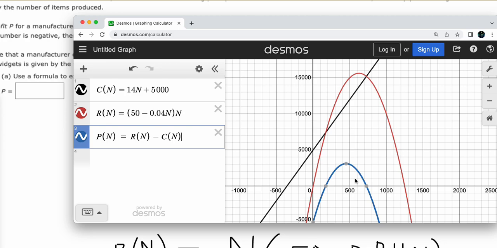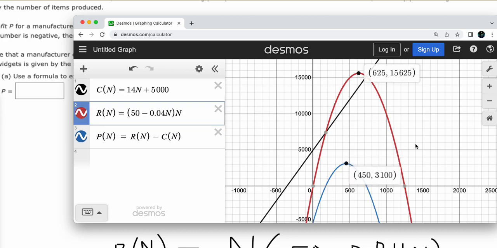That little blue here actually represents their profit. That's what the company's most interested in maximizing. As you can see, the place where they maximize their profit is not the same as the place where they maximize their revenue. And so this is the one they're most interested in. Apparently, it's at 450 units. And we can find out the best price for them to set in order to make that happen.